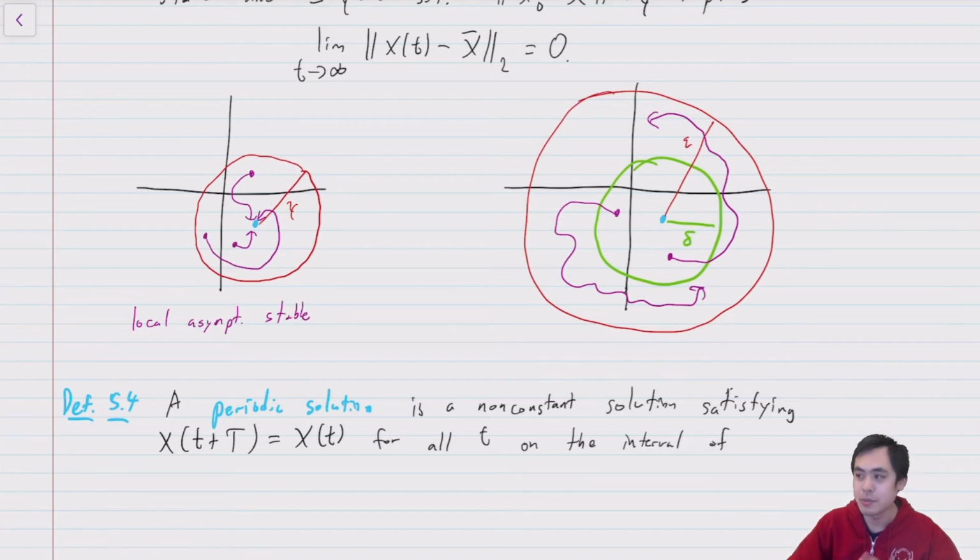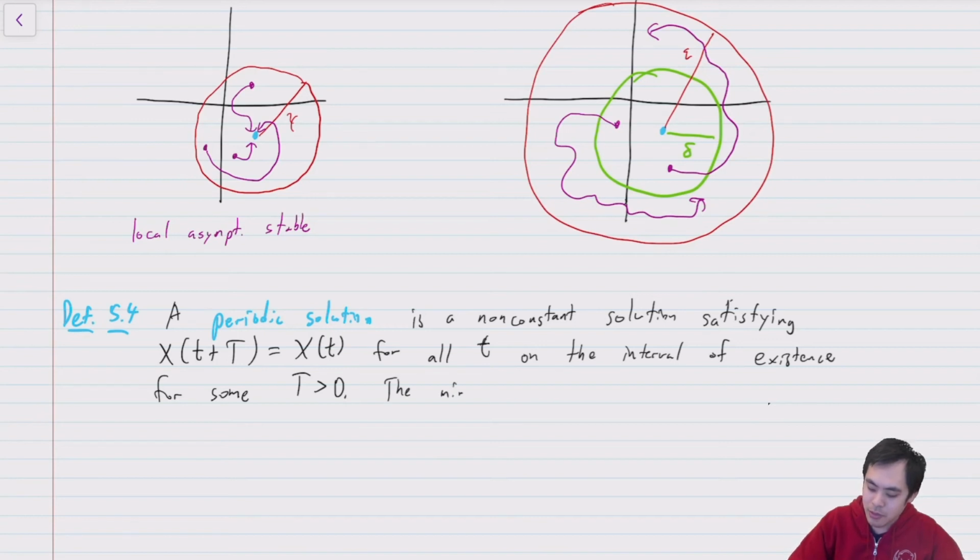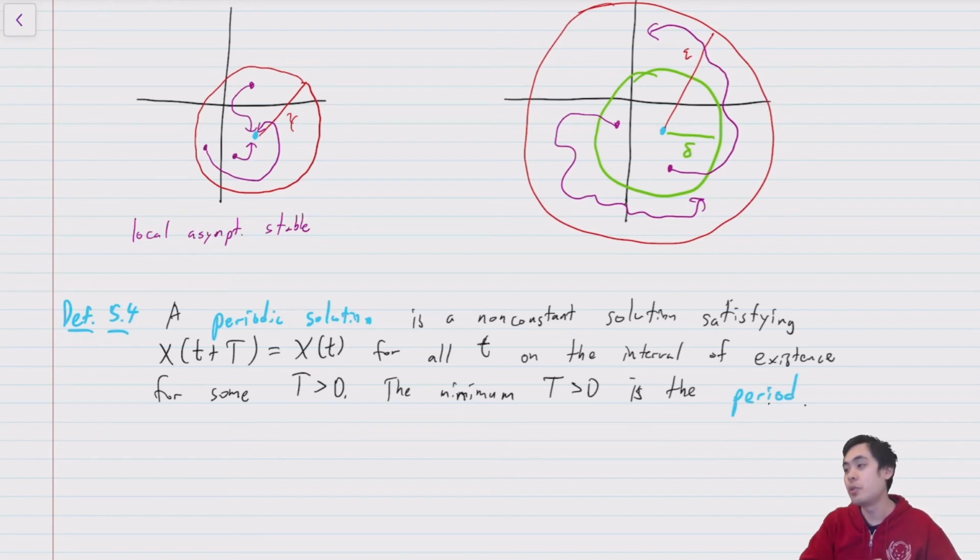So basically all the times in which the solution exists. As you recall from differential equations, sometimes your solution doesn't exist for certain parameter ranges, for certain ranges of time. So on the interval of existence, for some capital T greater than 0, and the minimum T for which this is true is the period. So obviously, if you have a period 2 pi, well then you still return to your original point after 4 pi, but you're not going to call that the period.